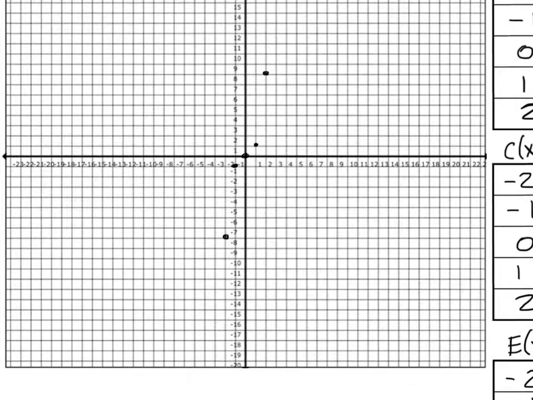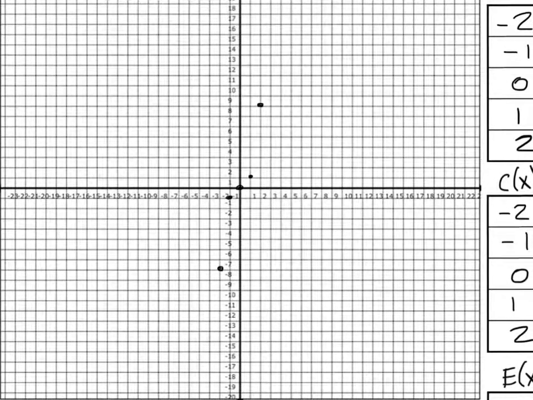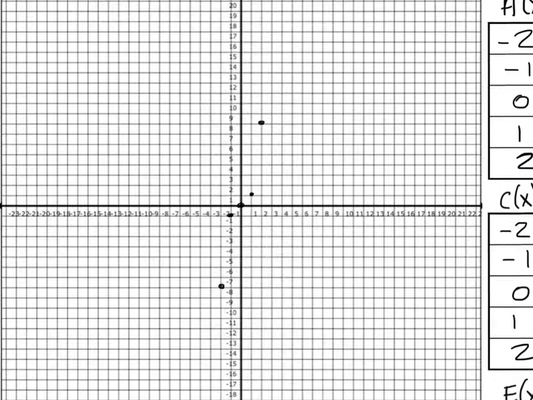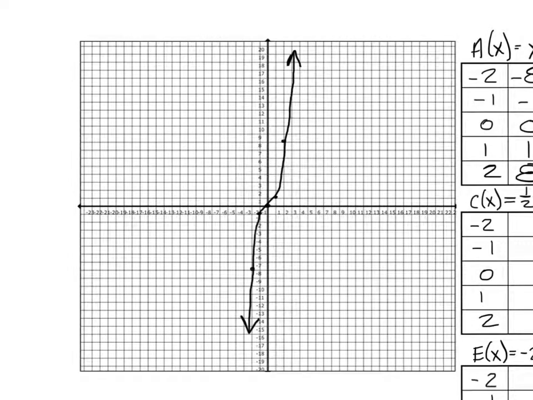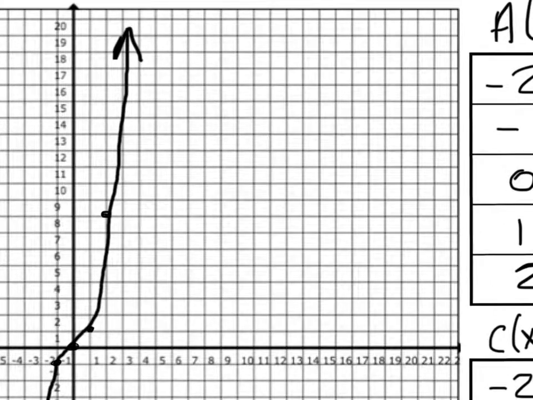Now you have to actually draw this in here. And it should look like this. It is freehand, so perfection may not be possible, but close to it. That is the graph of the cube of x. So label your graph. A of x equals the cube of x.